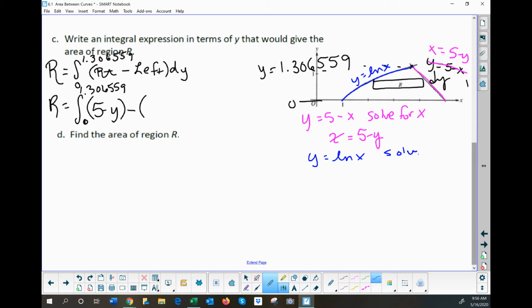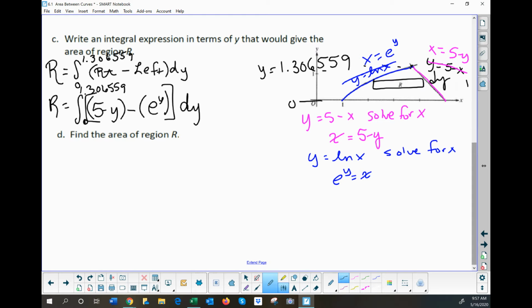Solve for x. Looks like we have to take e to both sides, right? So let's scratch this out and write it in terms of y. So x equals e to the y now. Okay, over here, that's my left function, e to the y, and then multiplied by thickness, dy.